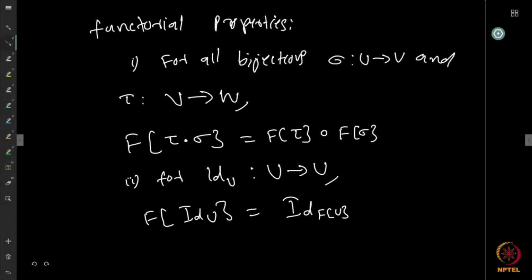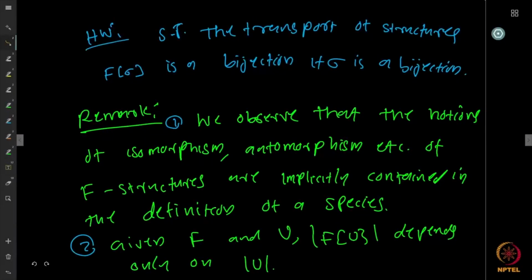So this all comes for free: isomorphism, automorphism, etc., come for free. Now, given a species F and a set U, the cardinality of F[U], which I mentioned before, depends only on the cardinality of U, because what the labels are does not matter.